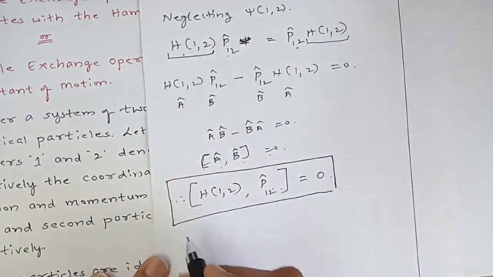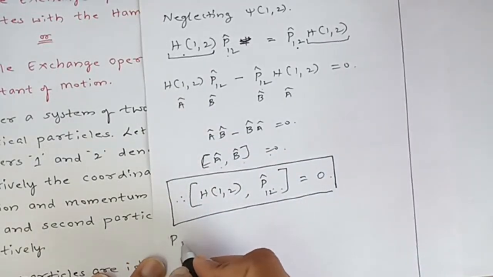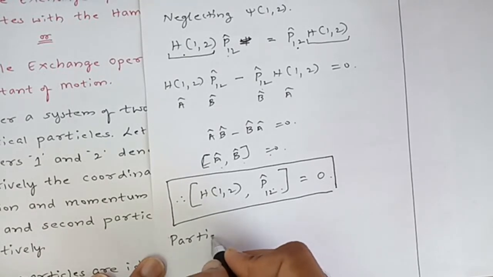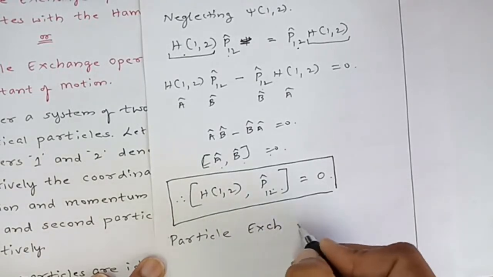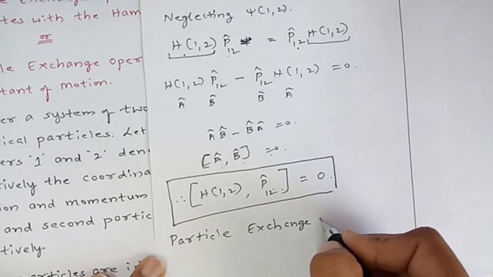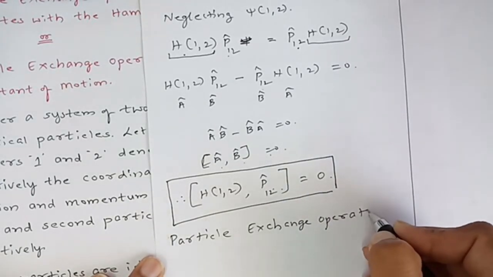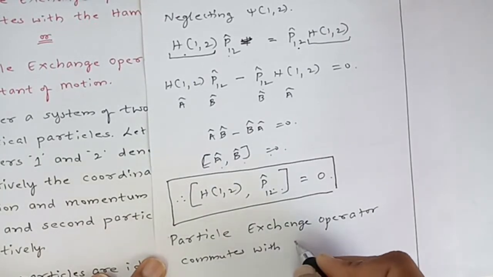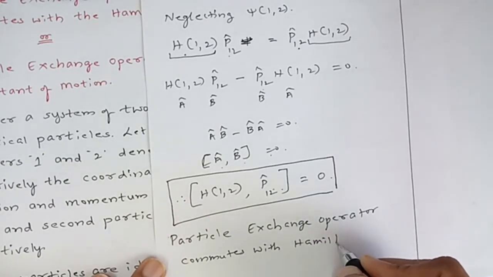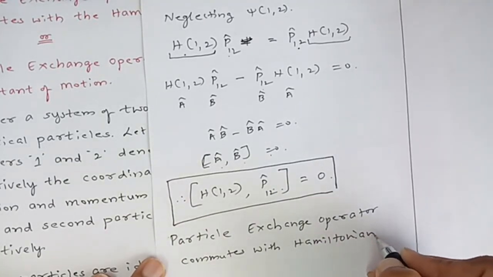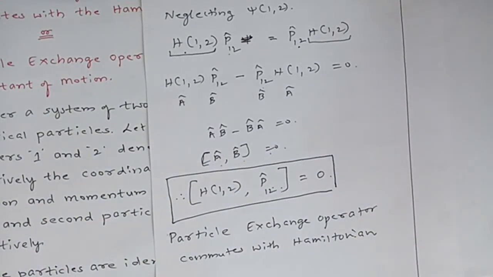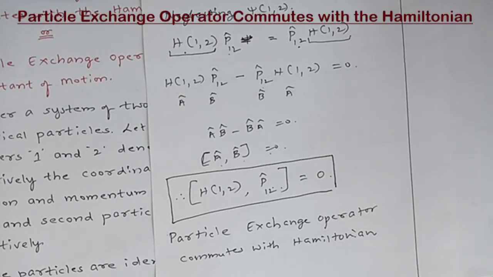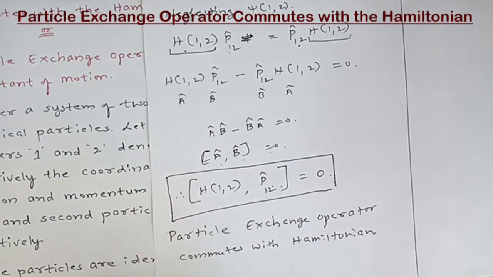So what we can write is: the particle exchange operator commutes with the Hamiltonian. That's what we wanted to prove. The particle exchange operator commutes with the Hamiltonian. That's what we have proved.